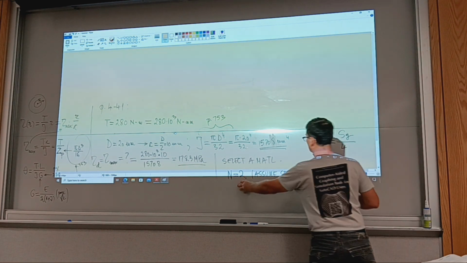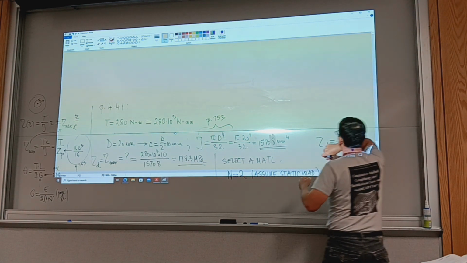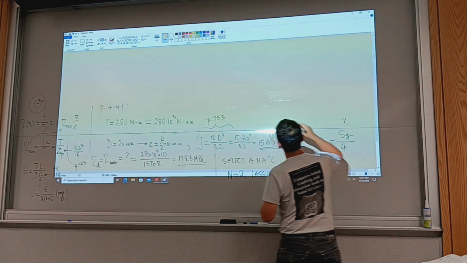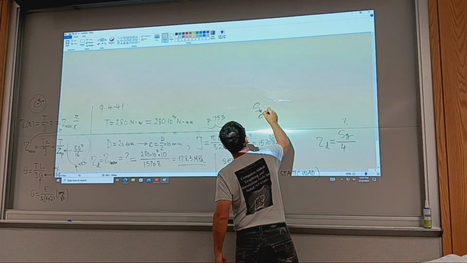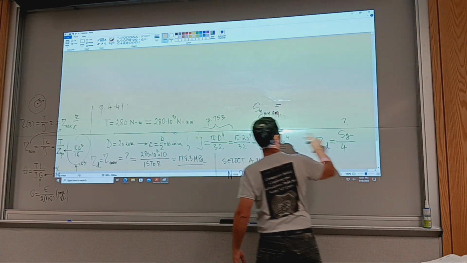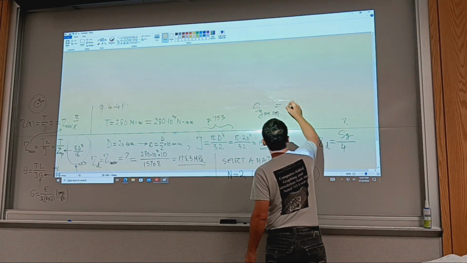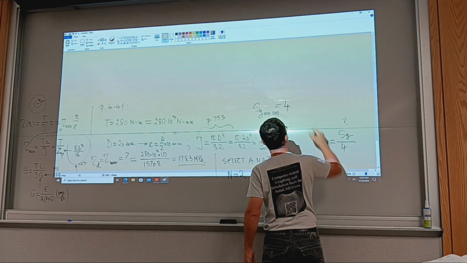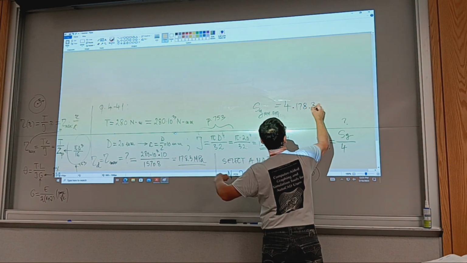Okay, so we have the design stress. We decide upon the design factor, and we want to find SY, the yield strength in tension, minimum required, and that's going to be 4 times tau d. So it will be 4 times tau d, 178.3.